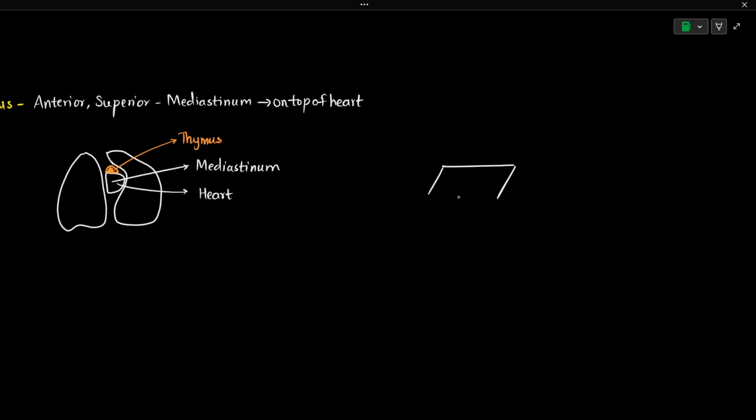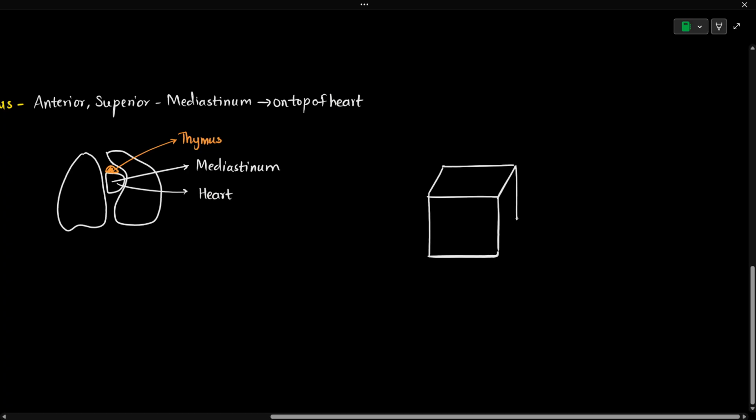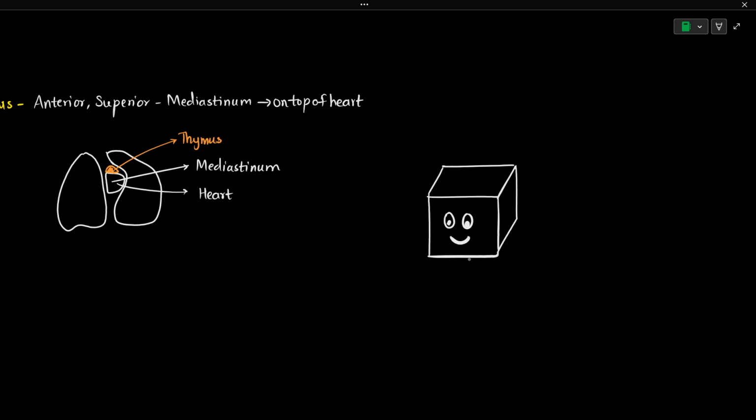So let's assume that this particular cube is your body, and this particular part is your face. Imagine this in three dimensions. If this is the face, this is going to be the back of the head, right? And here are your legs on the downside, and these are your hands.